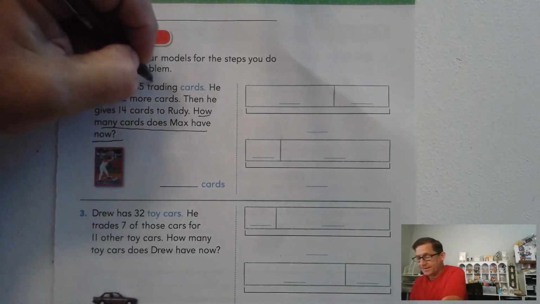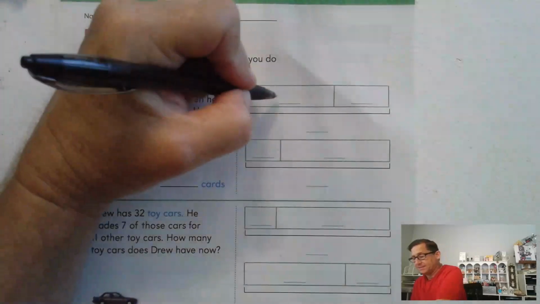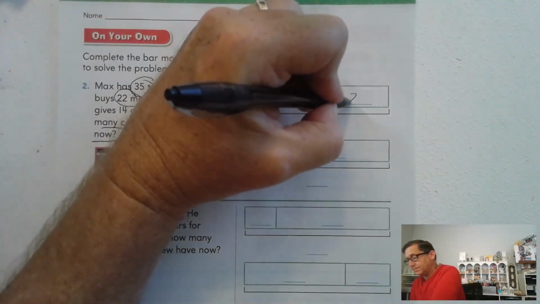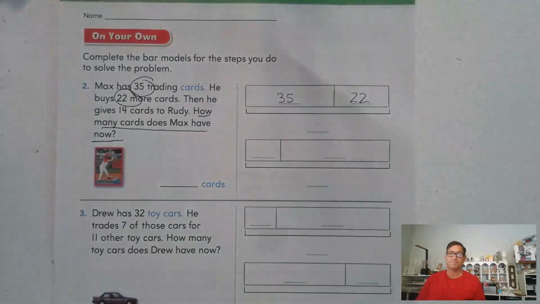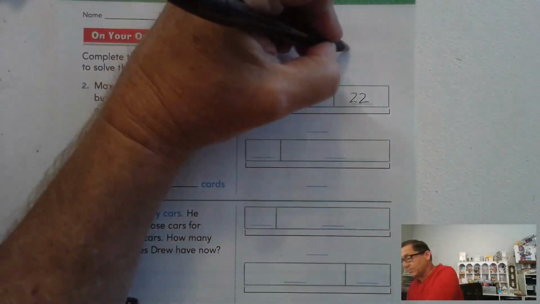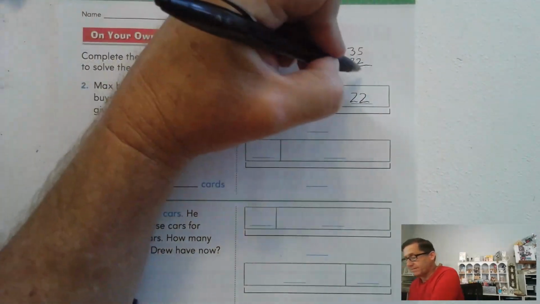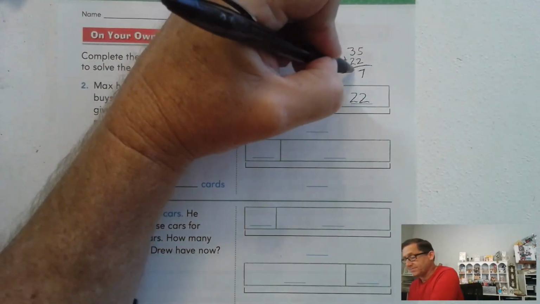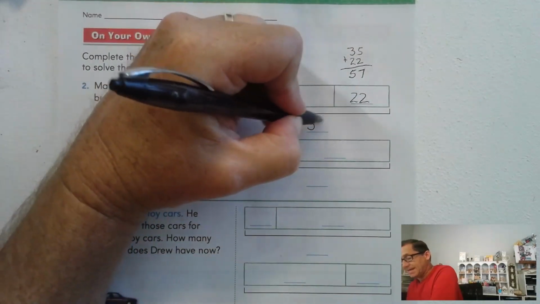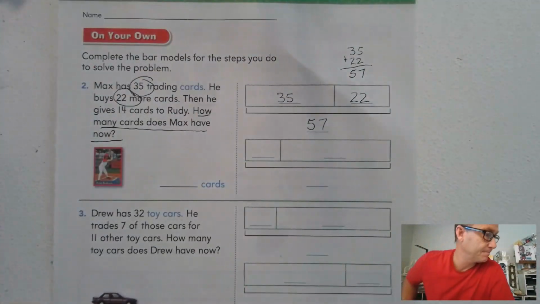Okay, so we know that he has 35 and he buys 22 more. Well, that's going to tell me how many cards he has. So 35 plus 22. Well, 5 and 2 is 7, and 3 and 2 is 5 tens. So he has 57 cards.